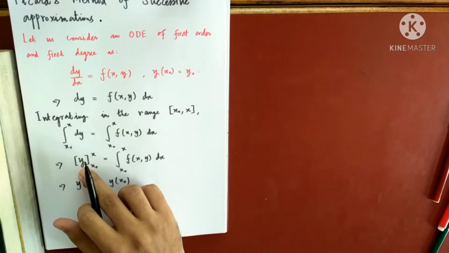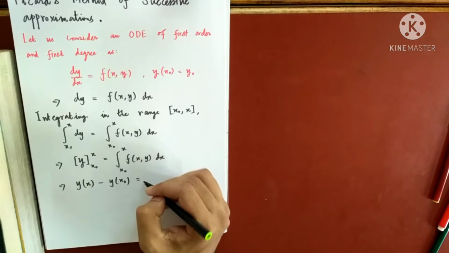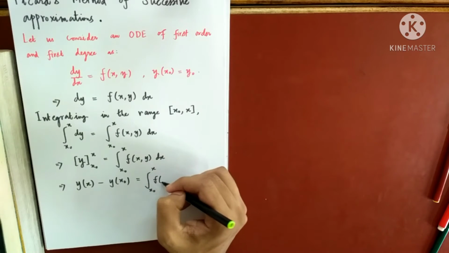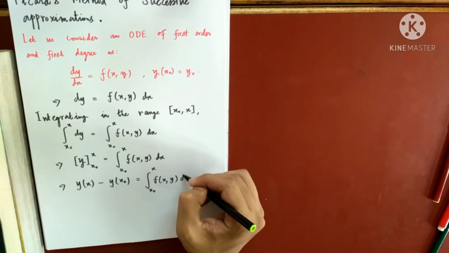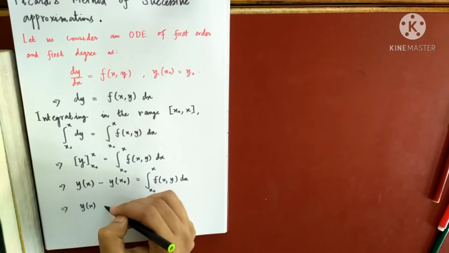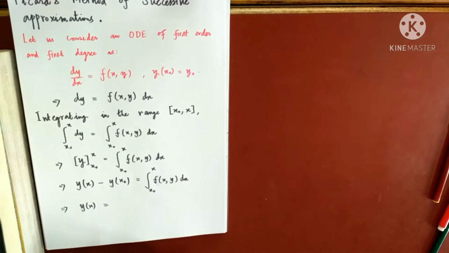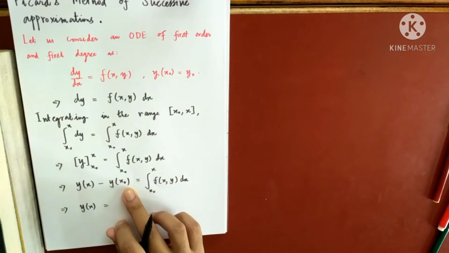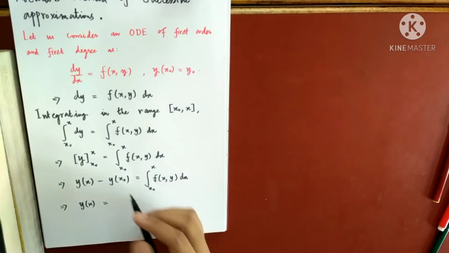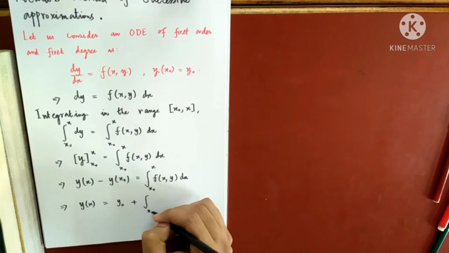So y at the point x, because y depends upon x, and y at the point x naught. And again I cannot integrate this. I will send this to the right hand side, that will become plus, right? So y at x naught is nothing but y naught, so y of x is nothing but y naught plus this integration.